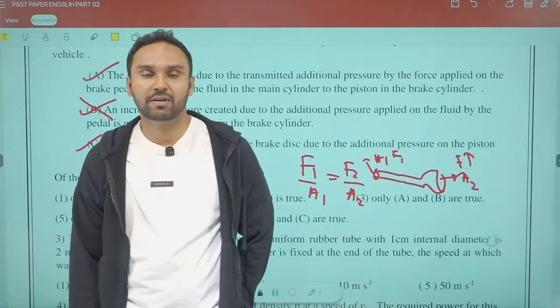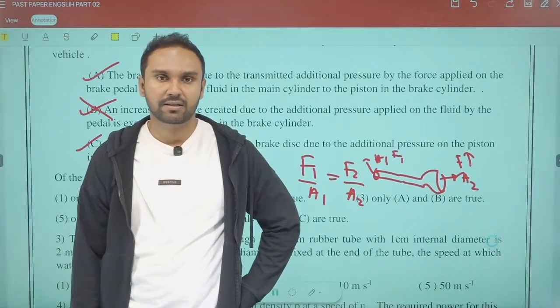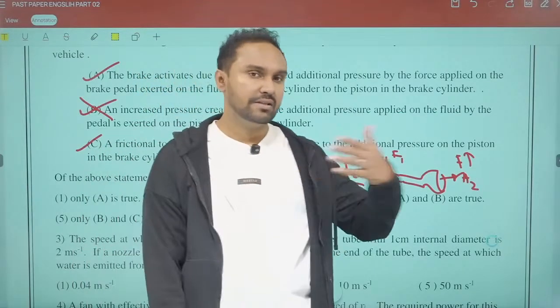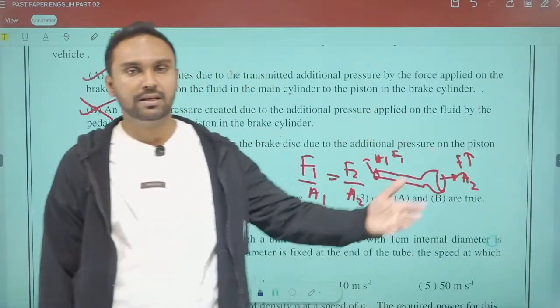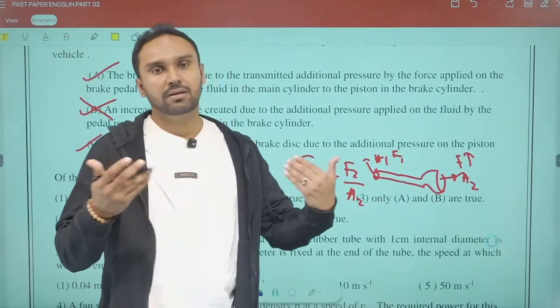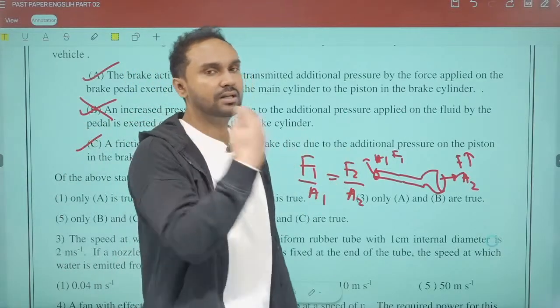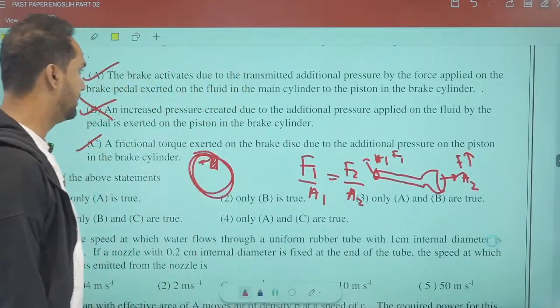True, when you apply a force, the pressure inside the liquid continues the same way to the other side. That is Pascal's law, because the fluid does not compress. The pressure continues to be the same throughout the liquid.